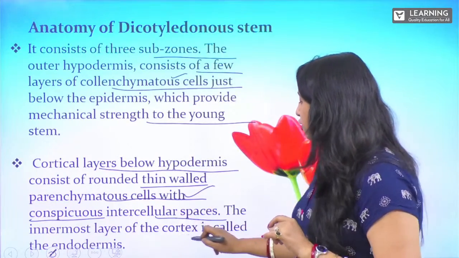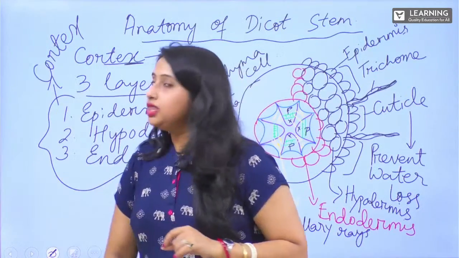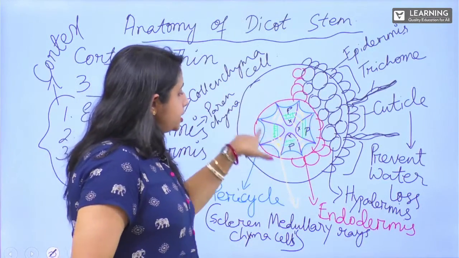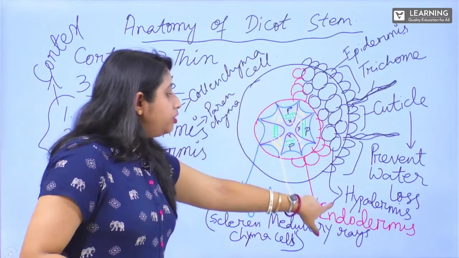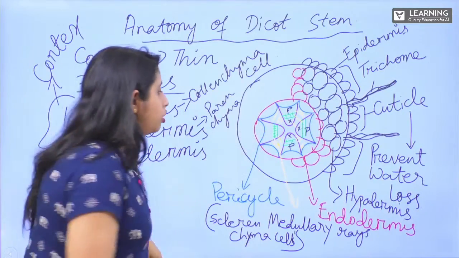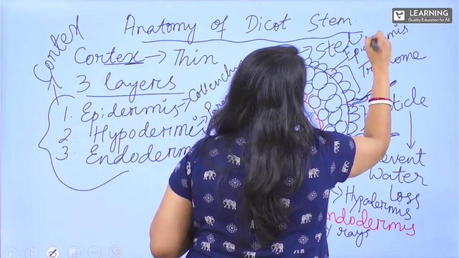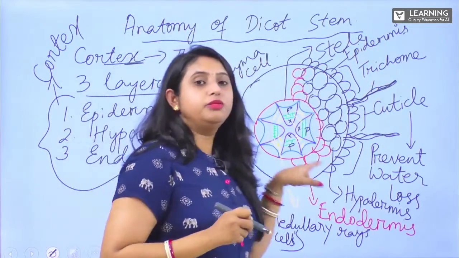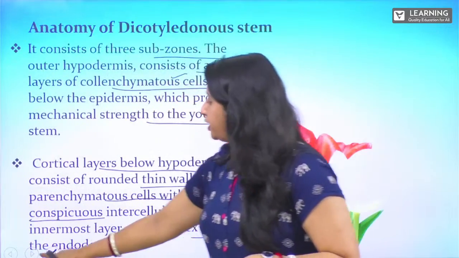So the innermost layer of the cortex is called the endodermis. Everything inside the endodermis, we call it the stele.